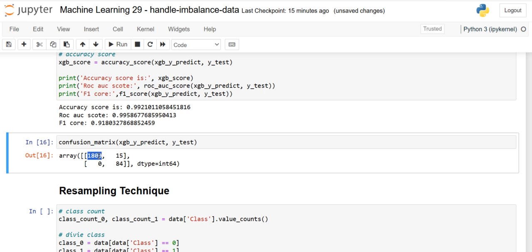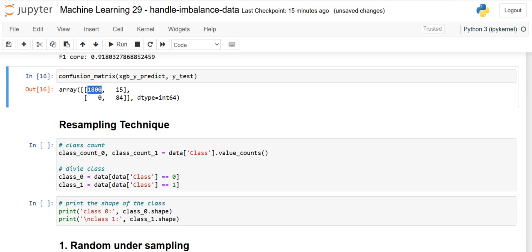Now what is the main technique? We are going to apply a resampling technique to solve this class imbalance, mainly for binary classification.